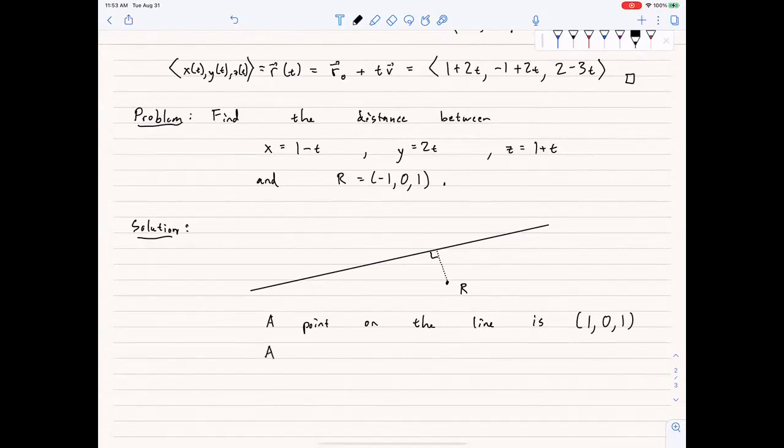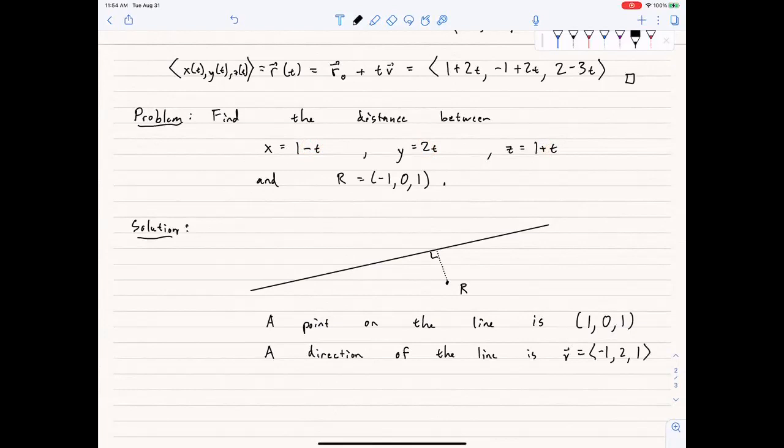A direction vector for this line is given by the coefficients of t. Again, these are not unique, but nonetheless, it's good. We'll call it V, and it's going to equal the coefficients: a -1 here, a 2 here, and a 1 here. So we've got (-1, 2, 1).